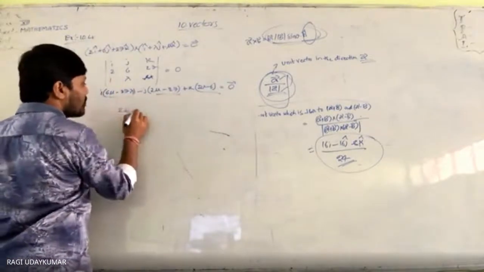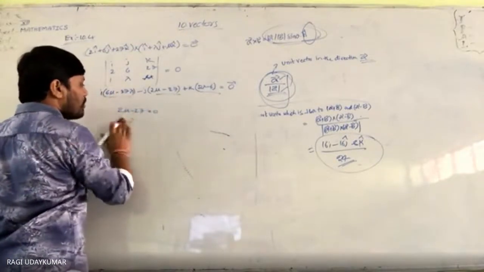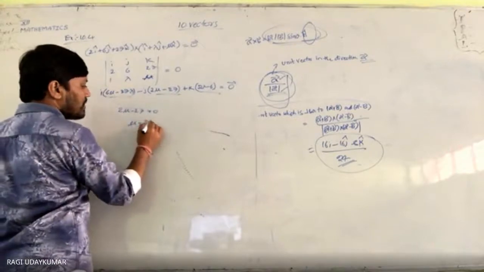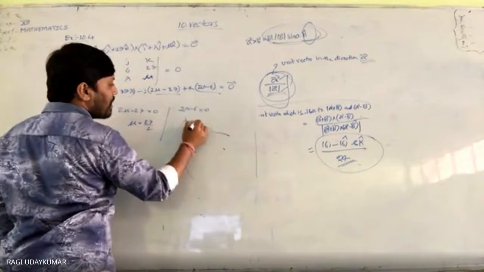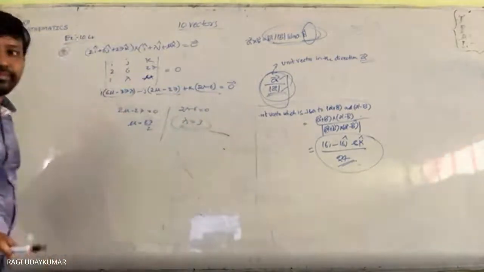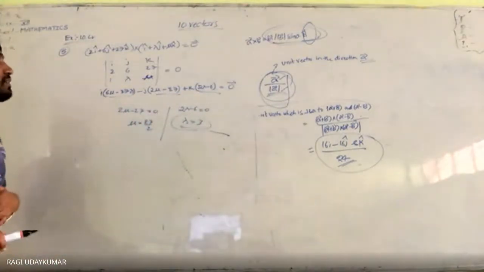So 2μ − 27 equals 0, so μ is equal to 27 by 2. 2λ − 6 equals 0, so λ is equal to 3. Mu and lambda values you got.